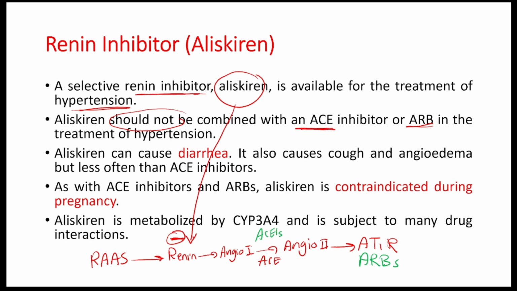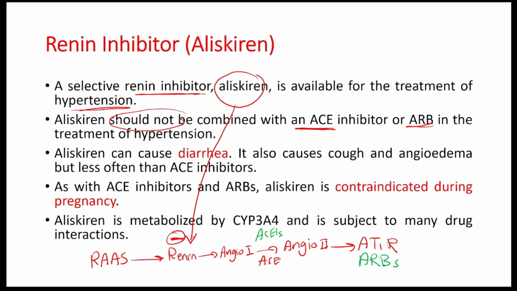Here we have one pathway, the angiotensin pathway. If we inhibit any step in this pathway, there is no need to use another medication that affects the same axis or the same pathway. So we don't recommend to use anything that affects the same pathway. We prefer to use something that works with a different mechanism of action.